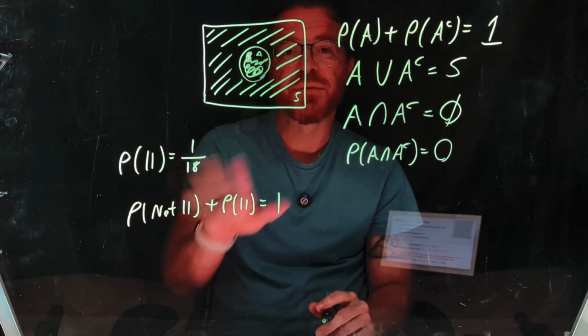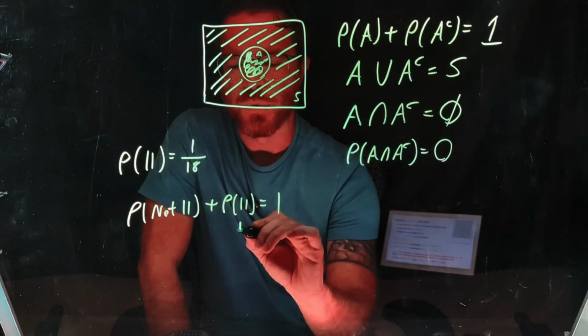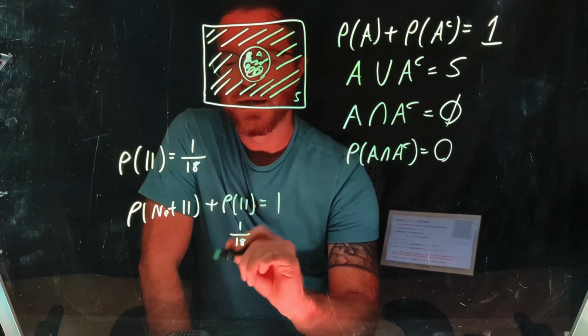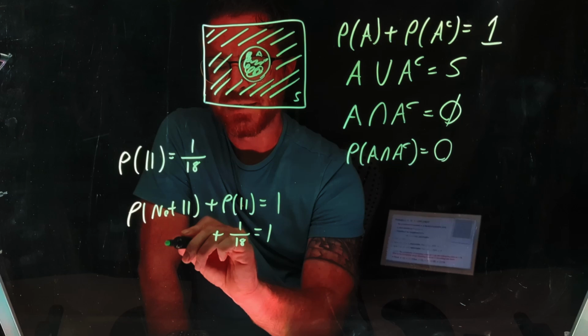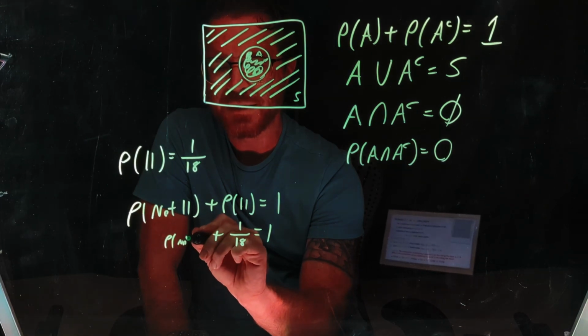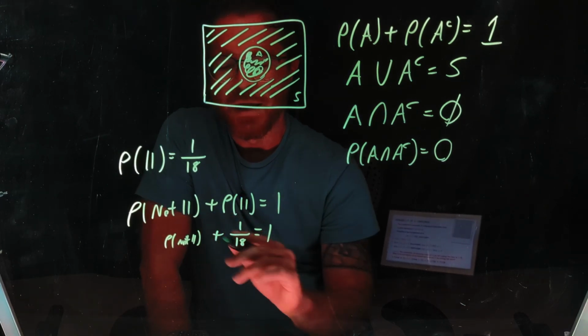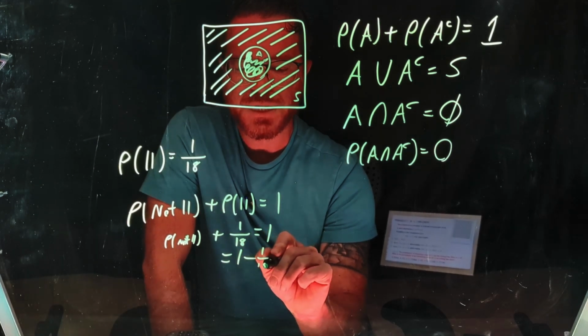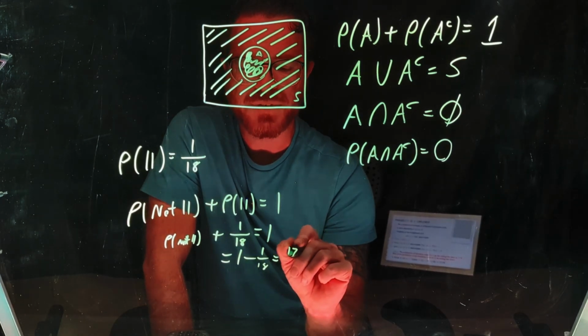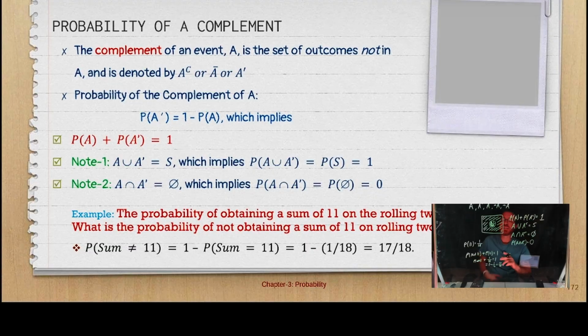And I know what the probability of rolling an 11 is. This is 1 over 18. So whatever this is, the probability of not 11, I just have to take 1 minus 1 over 18, which would give me 17 over 18. So that's how I could find that.